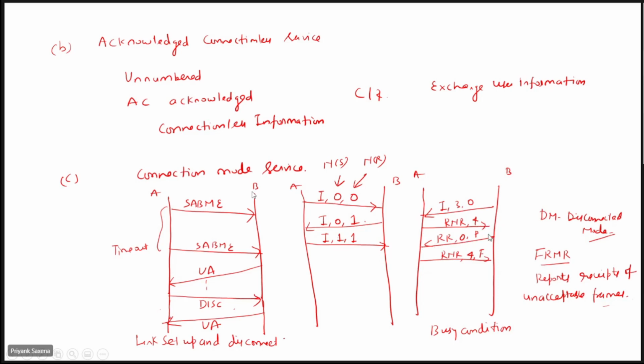Receiver ready. RNR, receiver not ready. So DM is basically disconnected mode. FRMR reports receipt of unacceptable frames. Frame reject. It is called frame reject. It reports receipt of unacceptable frames.